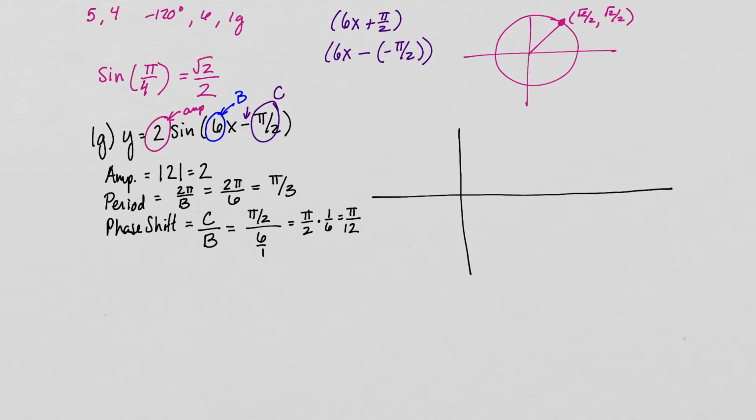So the first thing is a sine function, right? And remember, our sine function looks like this. I'm making it dotted because this isn't going to be my final answer yet. And remember, this part out here, that one wave of the sine function, that's the period. So this right here is pi over 3.